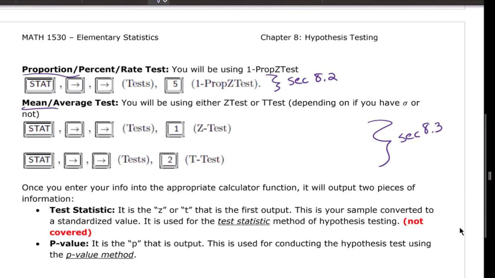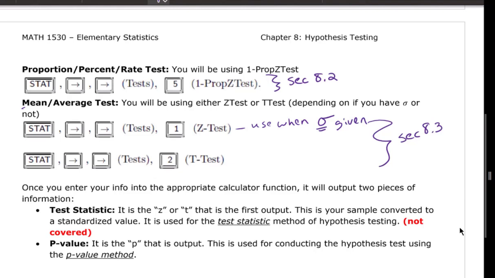One thing to note about these two with the mean: the z-test, you use it when sigma, the population standard deviation, is known. So we'll just say use when sigma is given, which is not going to be very common, that's probably going to be rare. You're not going to have that known very much.